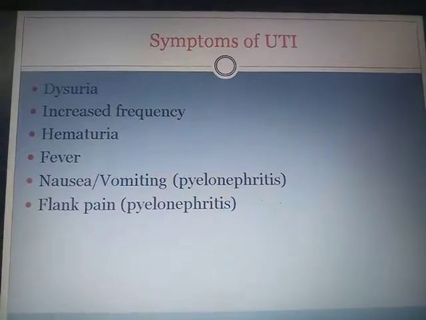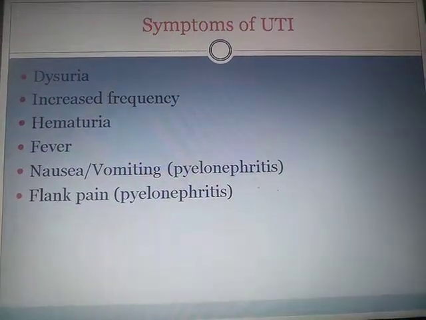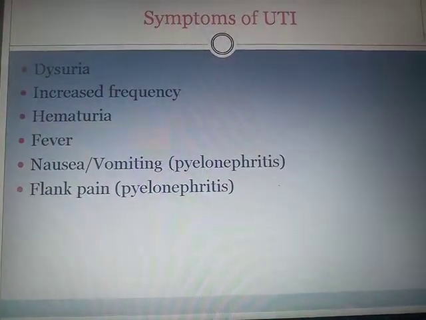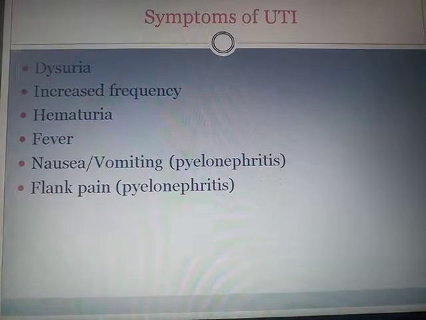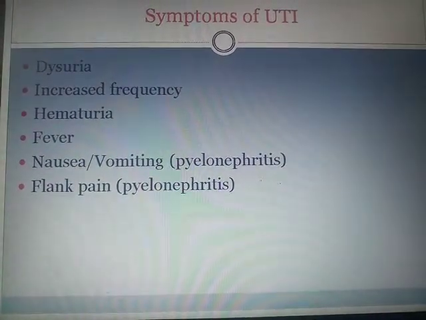Now, what are the symptoms of urinary tract infection, UTI? There is difficulty in urination, dysuria, increased frequency of urination, blood in the urine or hematuria, and fever with chills and rigors.